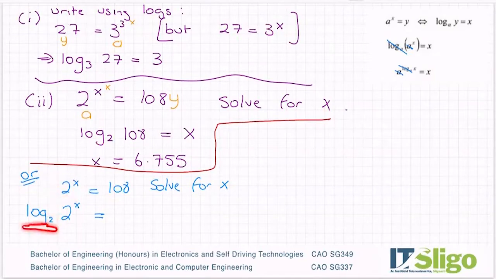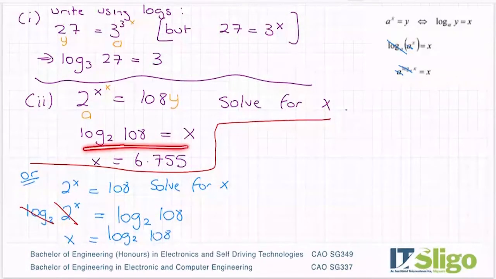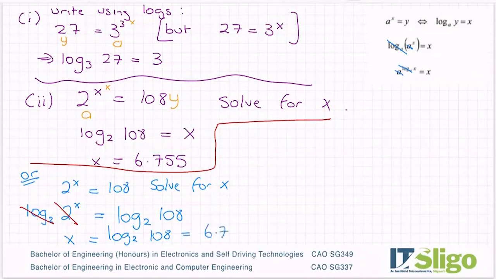What I do to one side, I have to do to the other. And the 2 and the log 2 cancel. And I have x is equal to log to the base 2 of 108, which of course is what we had up here. So 6.755.